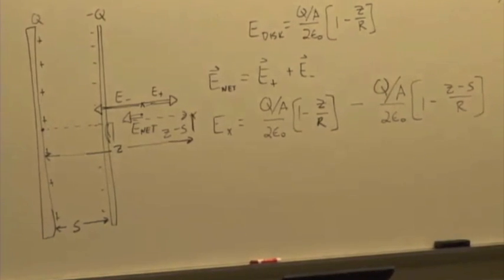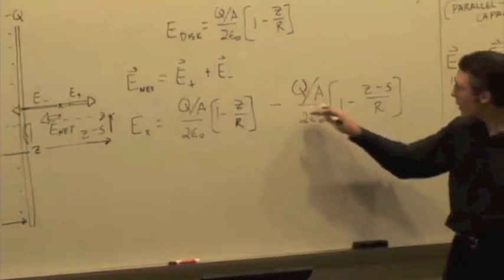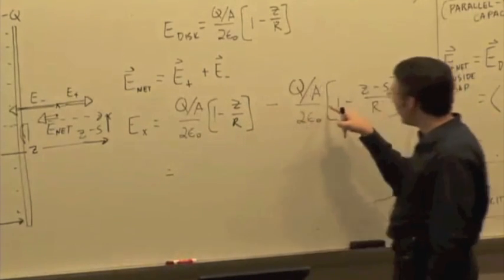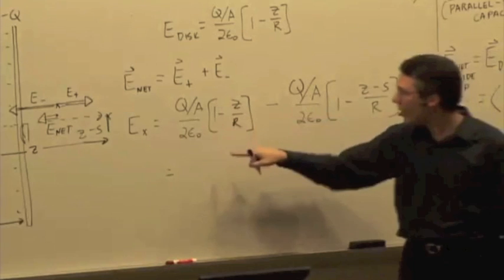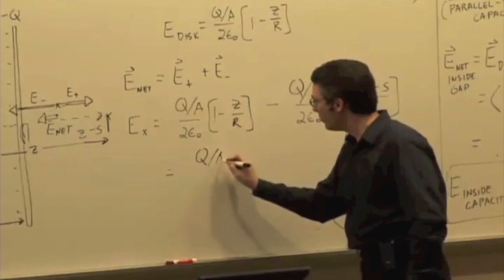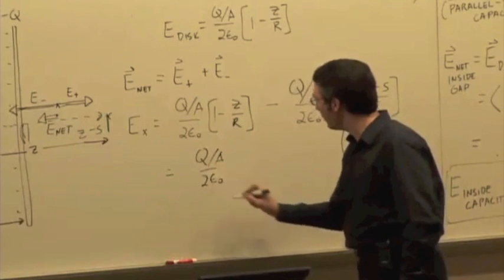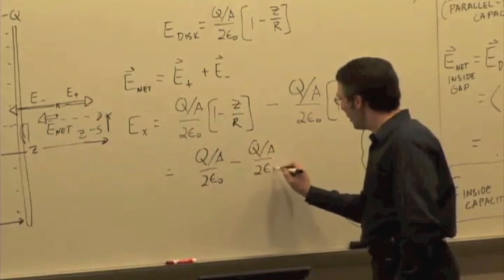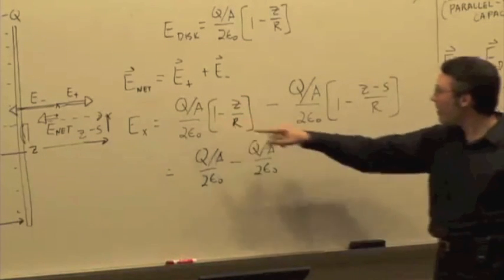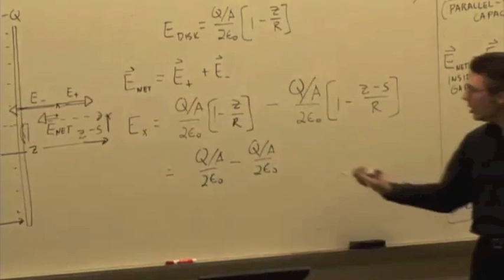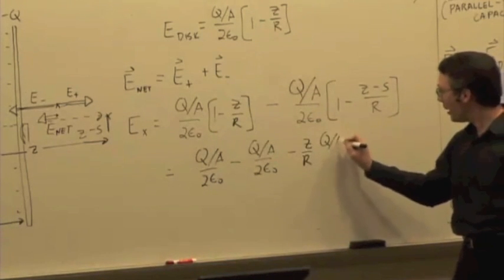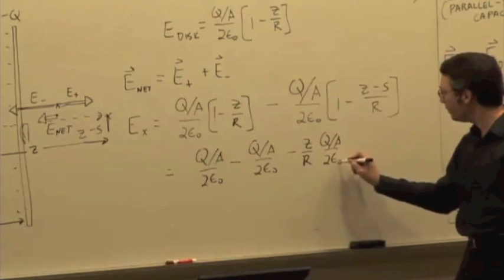And if you work this out, we're going to get some things canceling out. The Q over A over 2 epsilon naught minus Q over A over 2 epsilon naught, so essentially that factor of 1 and minus that factor of 1 cancel. We have minus Z over R times Q over A over 2 epsilon 0.